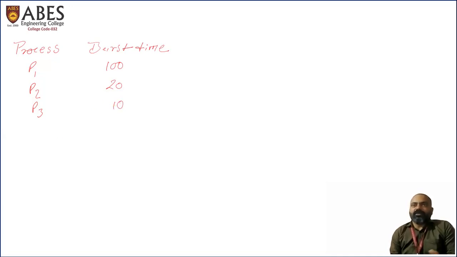The process which has the least or smallest burst time gets executed first. So we have to sort all the processes according to their burst time in ascending order. The sequence will be: first P3 will get executed, then P2, then P1.